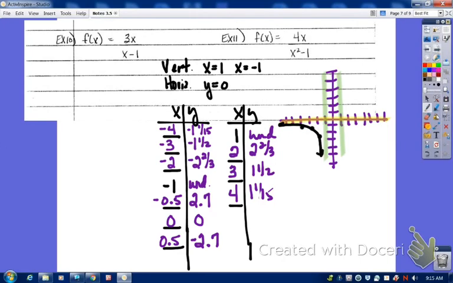Make your graph bend towards the asymptotes. In the middle, we have left a half up 2.7, 0, 0, right a half, down 2.7. So the middle kind of looks like a line, but it's really not. It'll be a little curve, kind of like a vertical snake.